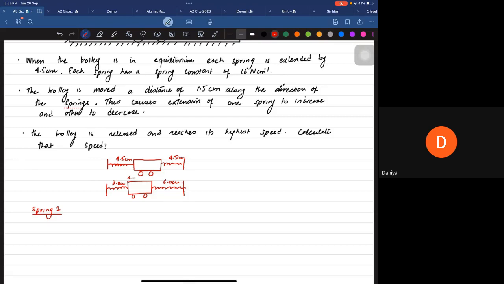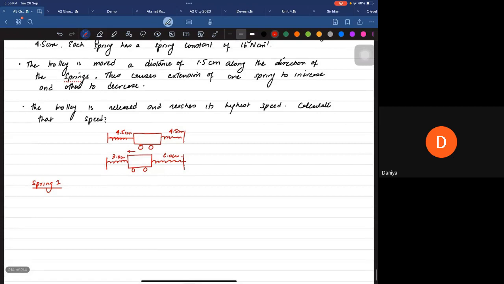The energy is half k, and I'm going to write the same formula that I derived, x2 squared minus x1 squared. The spring constant of this is 16.